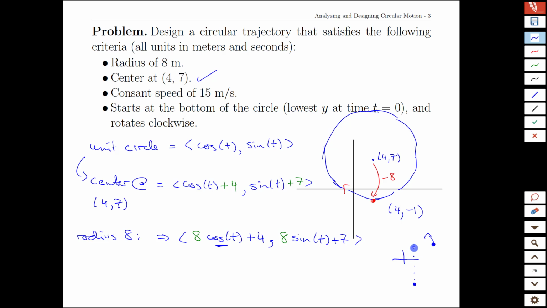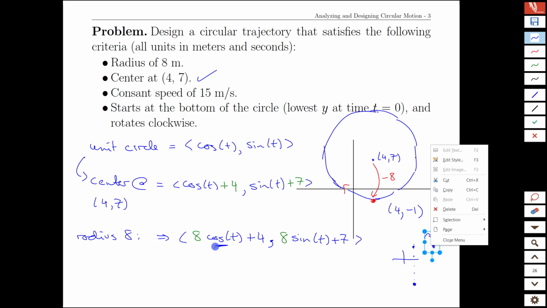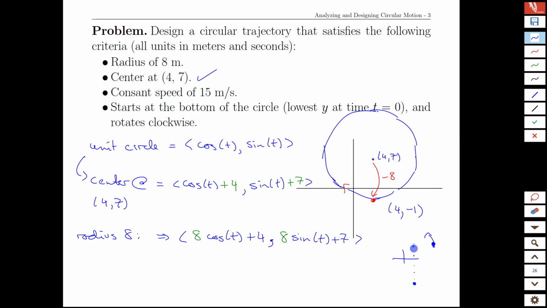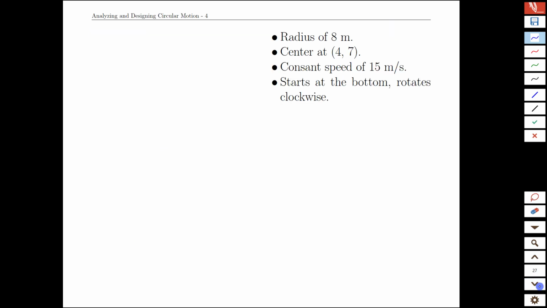If you think about the math going on here, the reason we start at a large x value is because the cosine value is the one that moves you off of 0. Sine of 0 is 0, so we start at the same y-coordinate as the center if we have a sine, and we have a larger x component. If we want to make the y component the larger thing, it's going to have a cosine on that. So we're going to try some, not guess and check, but thoughtful insight and check on the next page.